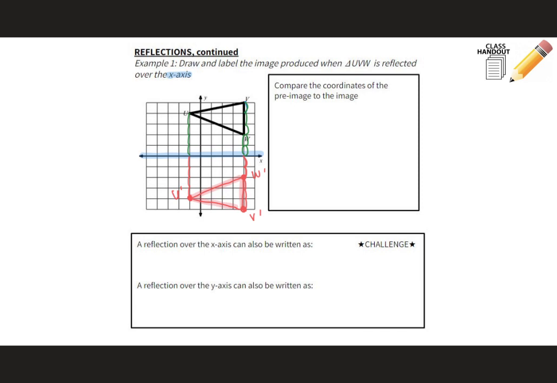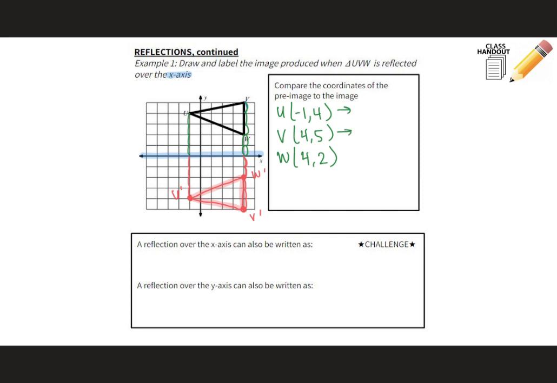So here's my reflected figure. As we can see, this is a rigid transformation, so it's the same size and the same shape. In the box, it says, compare the coordinates of the pre-image to the image. Well, I'm going to write out the coordinates of my pre-image in green. U, the coordinates were (-1, 4). V, my coordinates were (4, 5). And W, the coordinates were (4, 2).